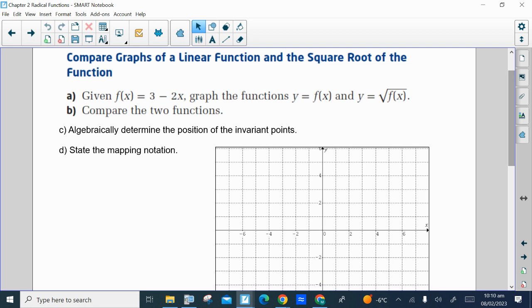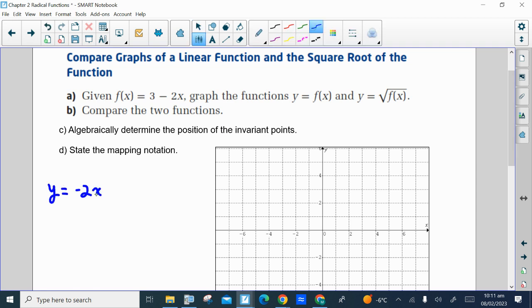All right? So the graph of y equals 3 minus 2x. If we put that in slope-intercept form, it would be negative 2x plus 3. So that would be a line. It's a line with a y-intercept of positive 3 and a slope of negative 2, which we talk about in terms of rise over run, negative 2 over 1.